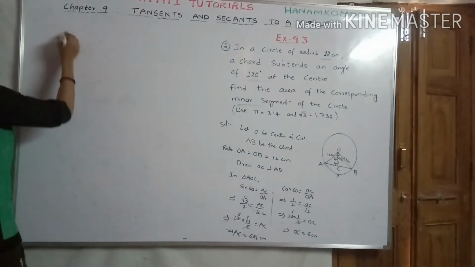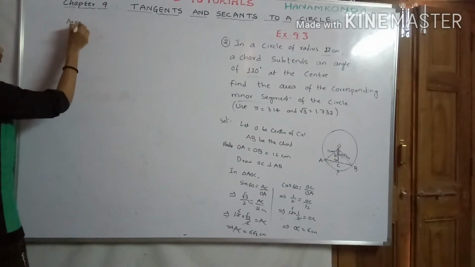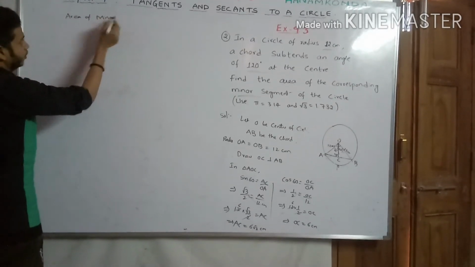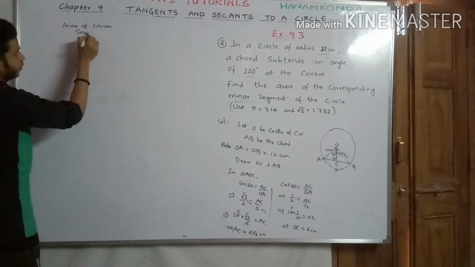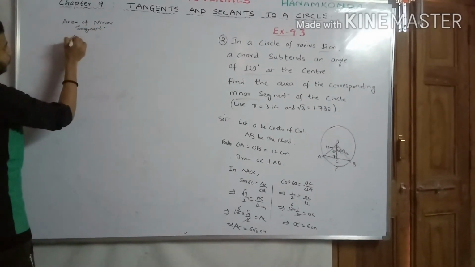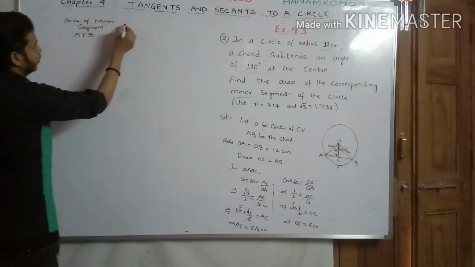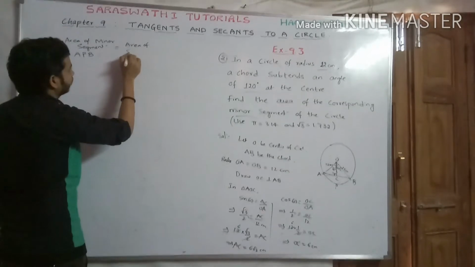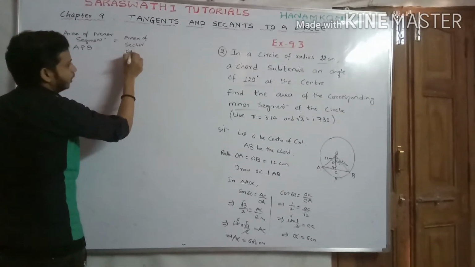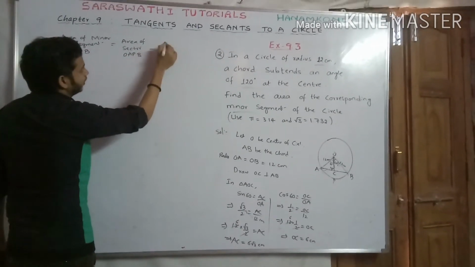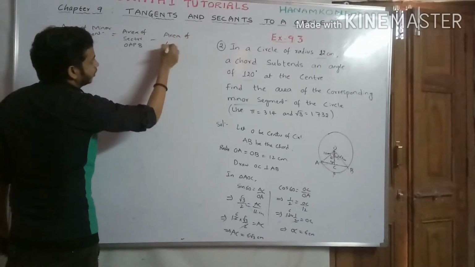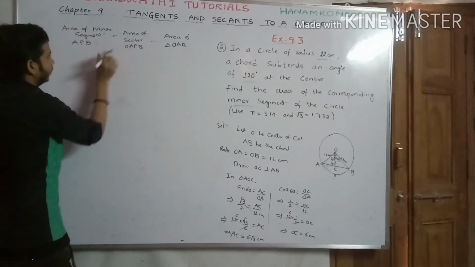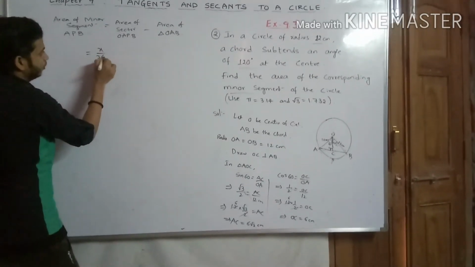Now, area of minor segment APB equal to area of sector OAPB minus area of triangle OAB. Okay.